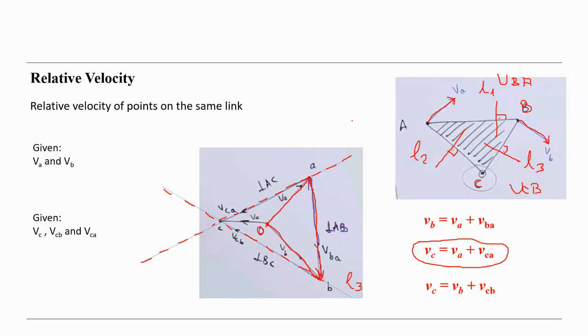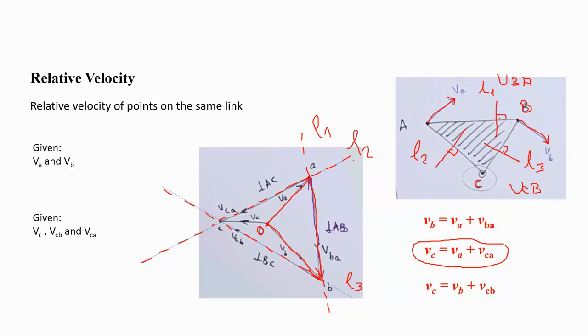So, these two lines, L1 and AC. Where is it? The other line is here. Okay, this is the line L1, this is L2, and this is L3.